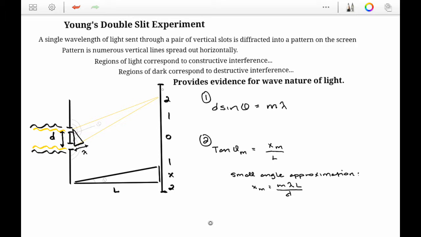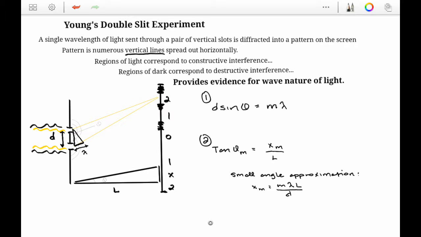On the screen, we're going to have regions where the light is constructively interfering and destructively interfering. So we're going to have a pattern of vertical lines that are both dark and light: regions that are dark, regions that are light, dark, light.